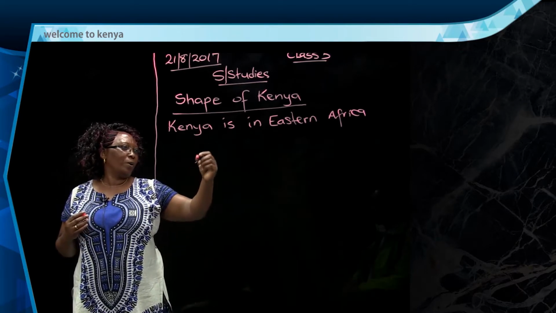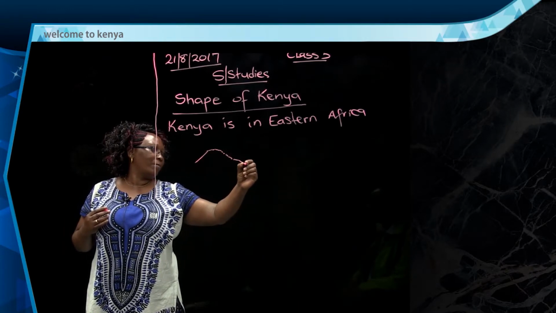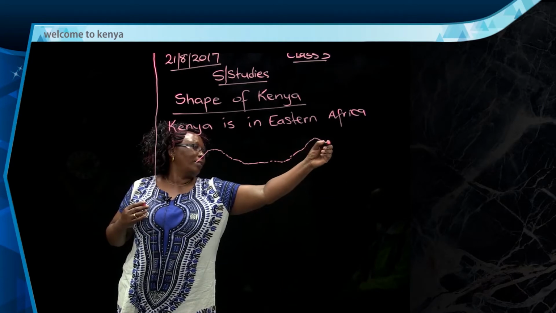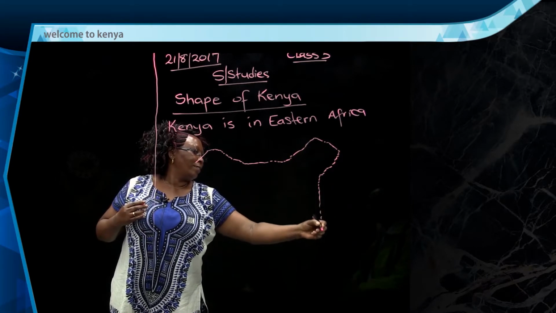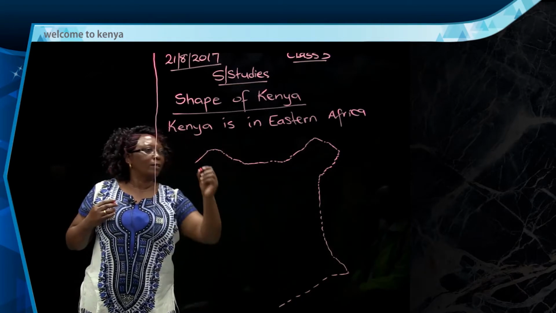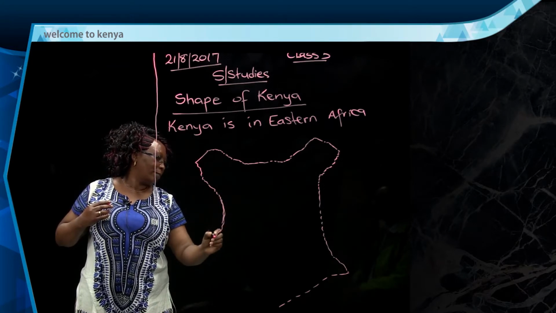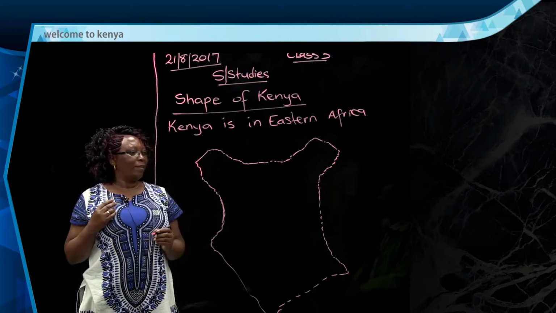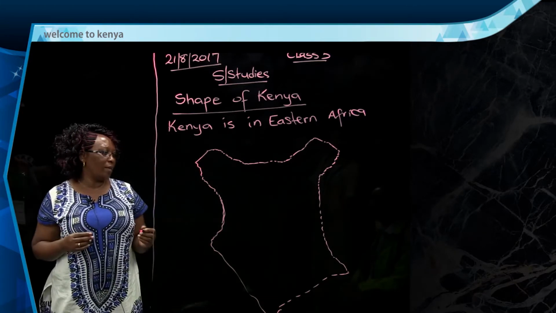It's very simple, and it is just like something like that. You are going to see that even in your maps. That is the simple way in which we can draw Kenya.